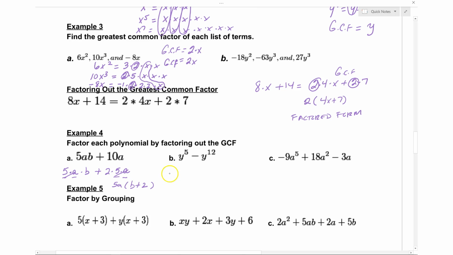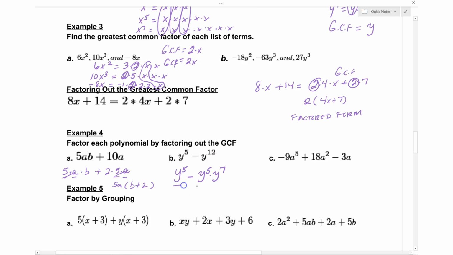If we look at example B under example 4 here, we have y to the 5th minus y to the 12th. Well, we know that y to the 12th is y to the 5th times y to the 7th. Why do I say that? Because 5 plus 7 gives you 12.